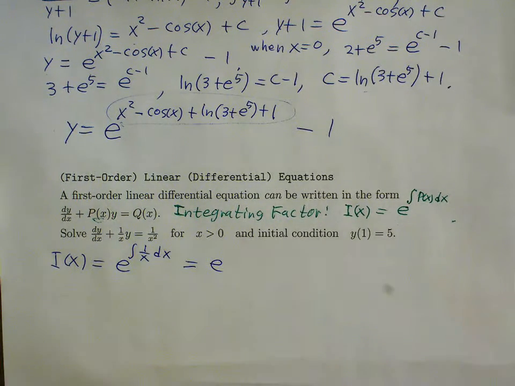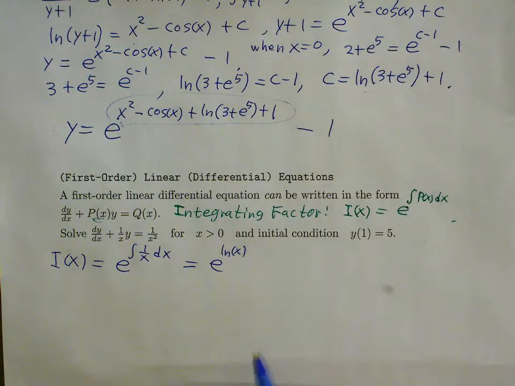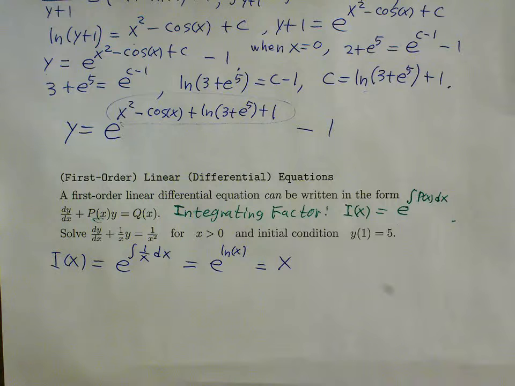So this will be e to the natural log of x, which simplifies to x. Okay, and x is greater than 0, so we didn't need an absolute value.